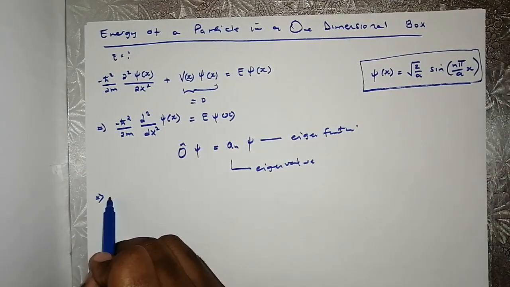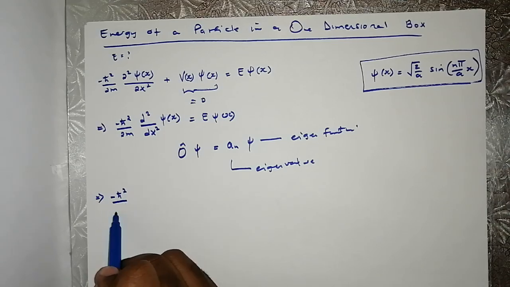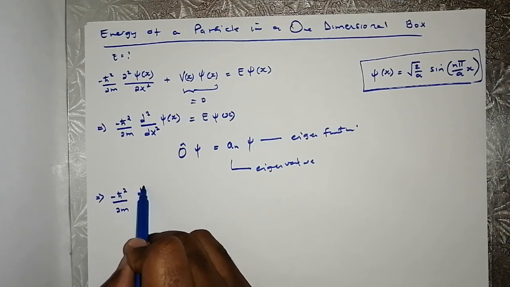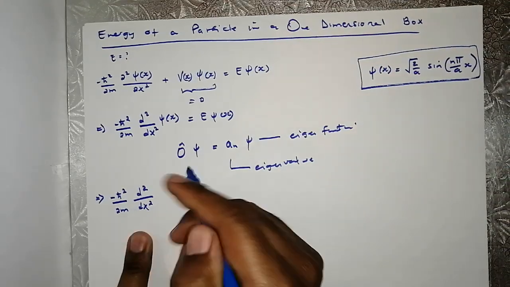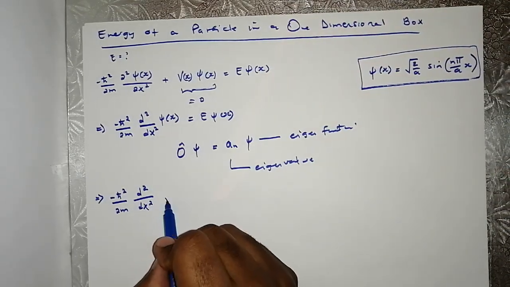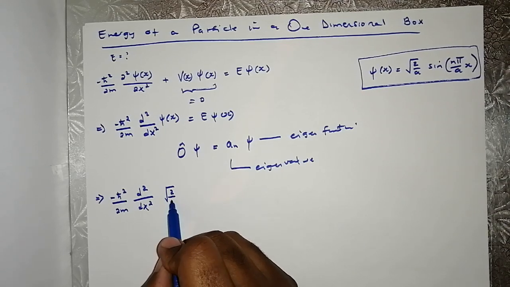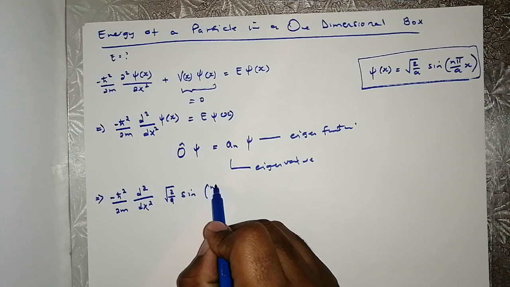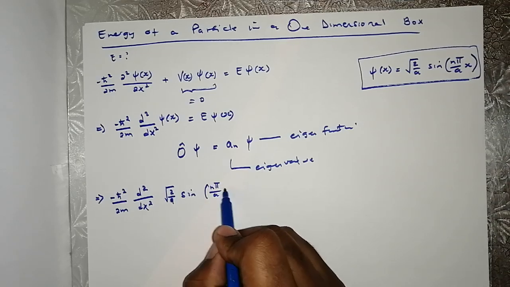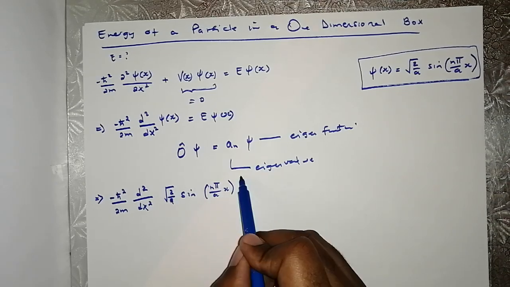And then we're going to apply this operator, minus h-bar squared over 2m times d squared over dx squared, on this wave function, the square root of 2 over a times sine of n pi over a times x, right?